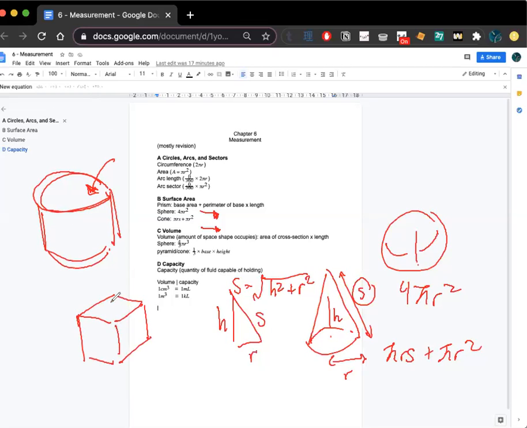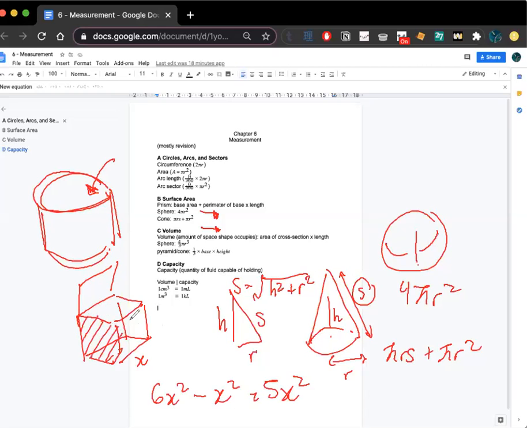Another example would be if they ask for the surface area of an open-ended box. In this case, if they're asking you for an open-ended box, that means the surface area would be, for example, if this is x, 6x squared minus x squared, so that would be 5x squared.